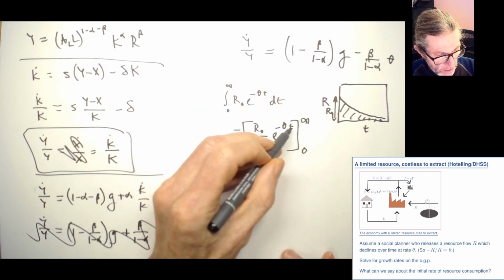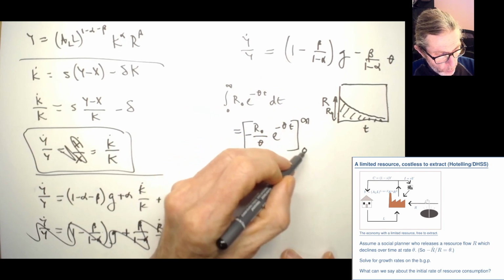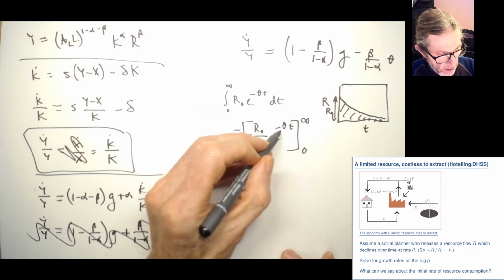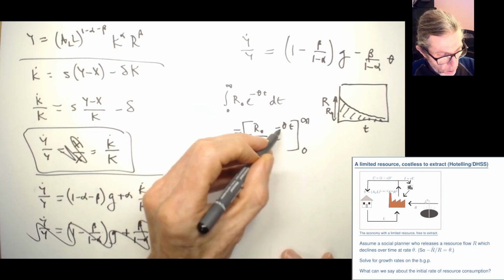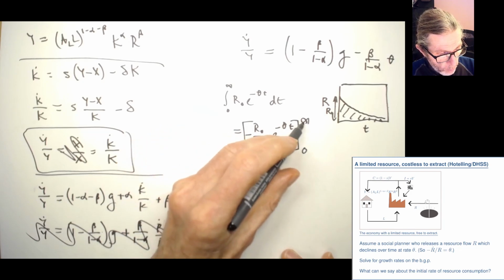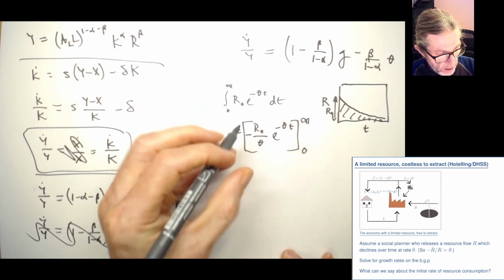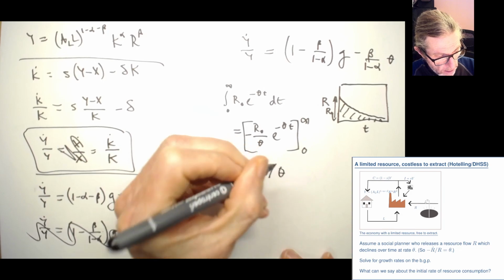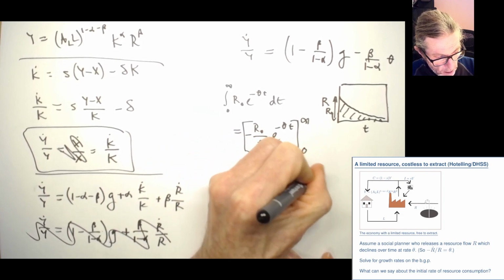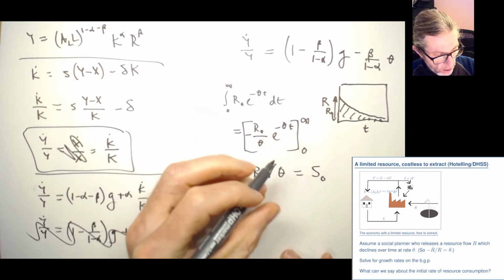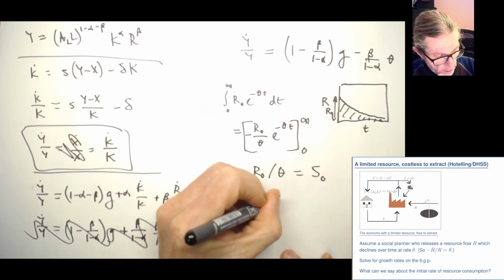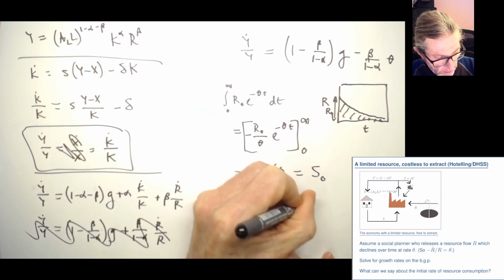Put in infinity here, this is just 0. Put in 0, and it's e to the 0, which is 1. This is a plus sign, this is a minus sign, so the minus signs go out, and it's R0 over theta, which must be equal to S0, the initial stock. So R naught, which is what we wanted to find out, is theta S naught.